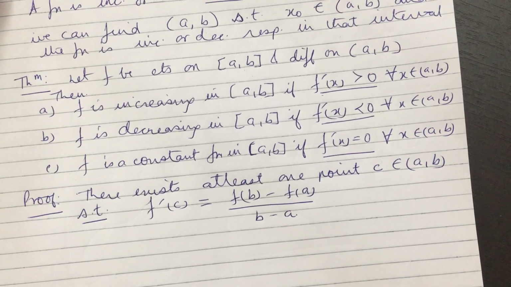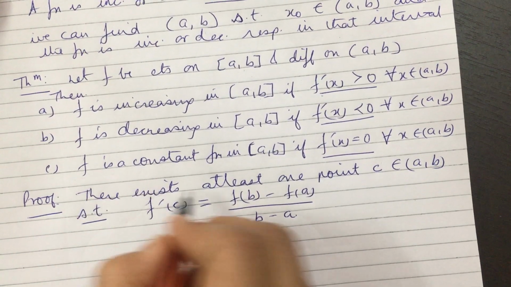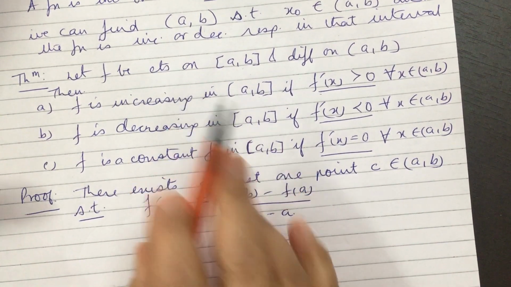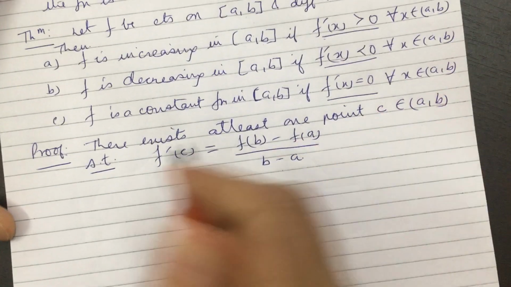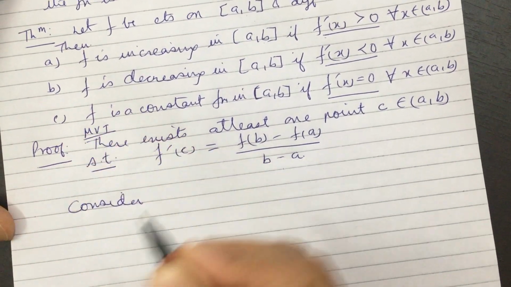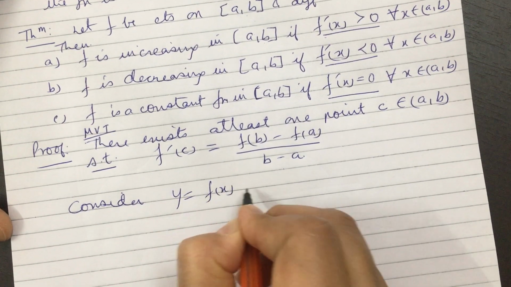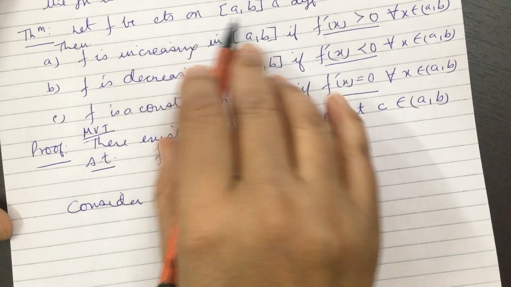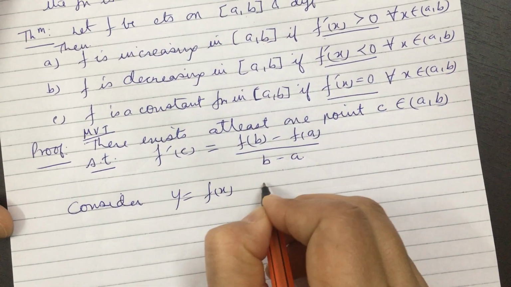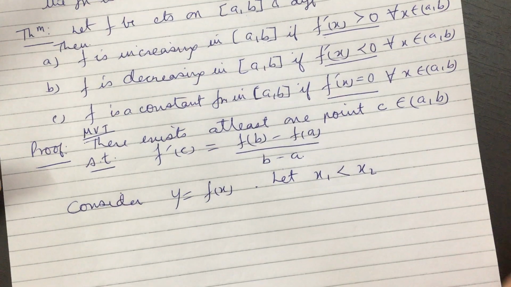Okay. So this is the mean value theorem. Let's use this to prove the given statement. Now consider the function y equal to fx, which satisfies this, and let x1 be less than x2, as is the condition which we always take.